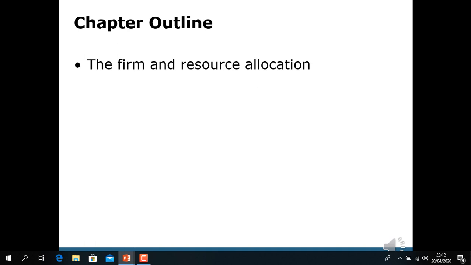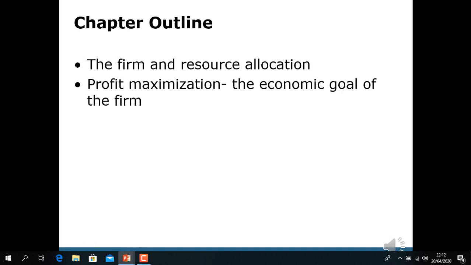First, the firm and resource allocation. Here, we'll discuss the condition of the allocation or distribution of resources, both capital, human, and production raw materials that exist in a company.